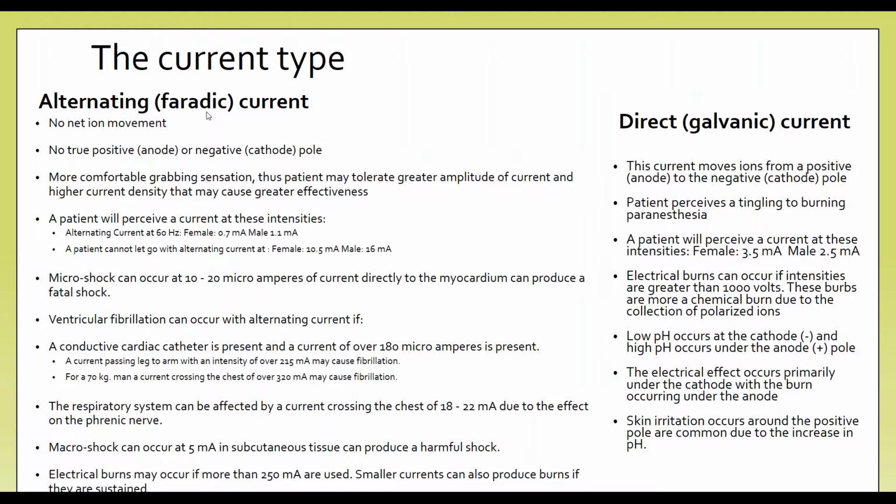Female and male are a little bit different because females have generally a little bit thicker body fat layer over things, and fat resists electrical current and really sort of irritates things more, so they tolerate less amplitude.